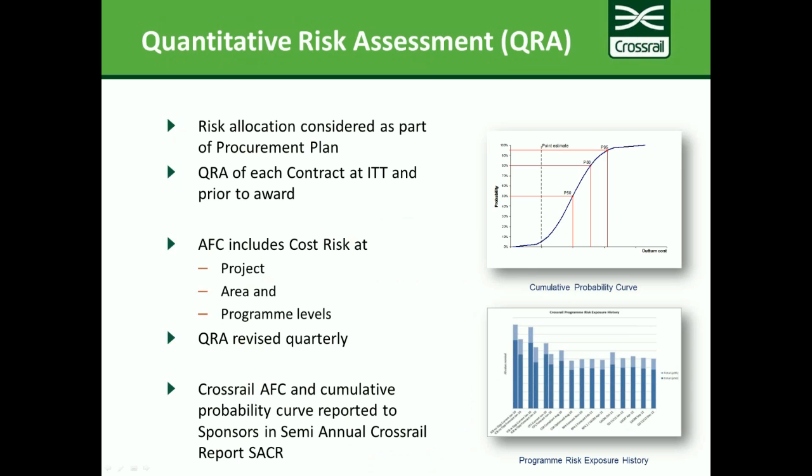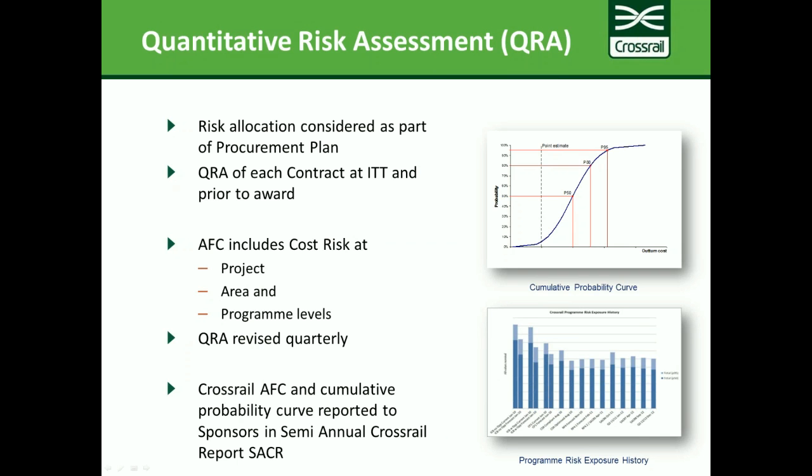This process started as part of the procurement exercise. As I've already said, the commercial team were very interested to know what were the risks we were transferring into the supply chain, what were the residual risks, and that was all generated through a QRA process that started on each contract at the invitation to tender stage, and was also repeated prior to award.